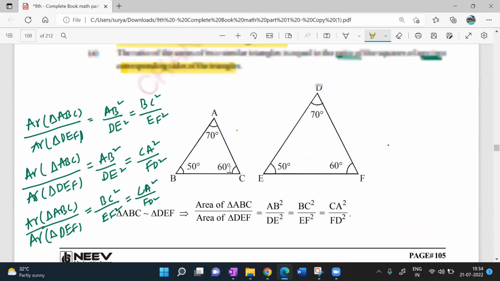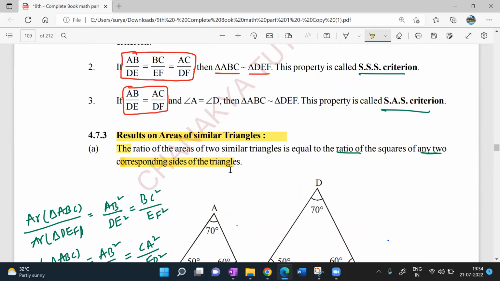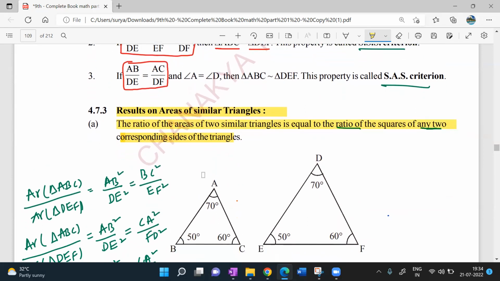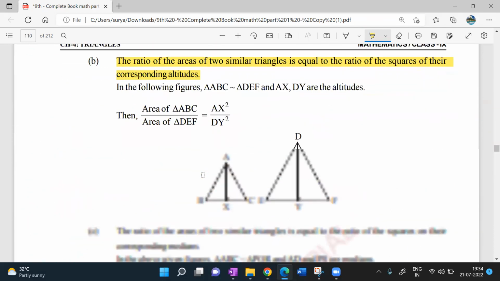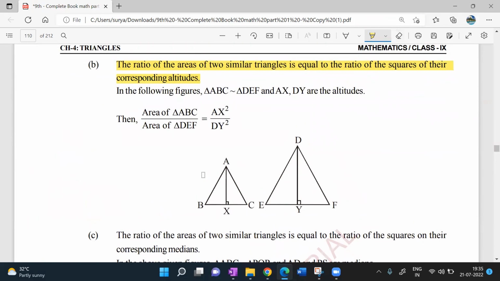Same point, but here it was the squares of corresponding sides, and here also same thing, altitudes. Let us say this is AX altitude, this is DY altitude. So area of triangle ABC divided by area of triangle DEF is equal to AX square divided by DY square.